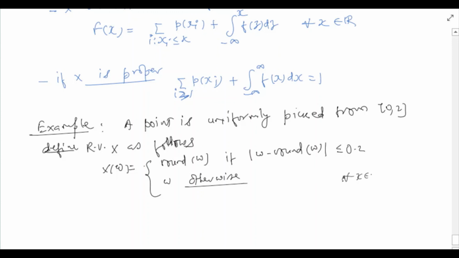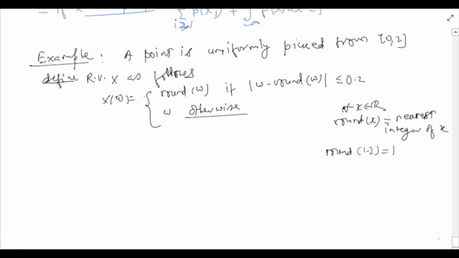For all x in R, round of x is defined to be the nearest integer of x. For instance, round of 1.2 will be 1, round of 2.9 will be 3, round of 3 will also be 3. So we define the random variable X of omega to be round of omega if the absolute value of this difference is less than or equal to 0.2, and X of omega is omega otherwise.